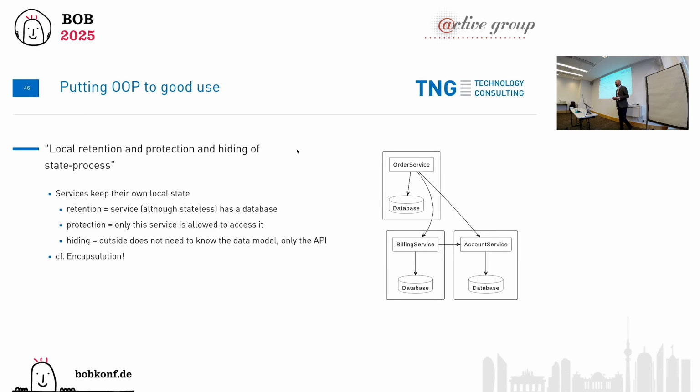This one, local retention and protection and hiding of state process, is also pretty simple. One general rule of microservices is that every service should have a dedicated database instance that no other service has access to. They shouldn't share databases.